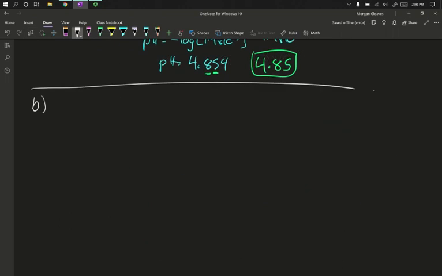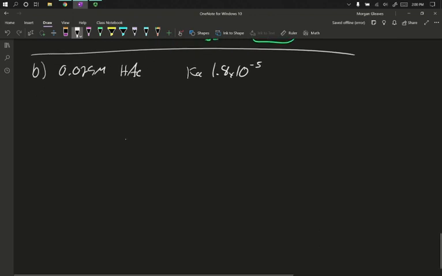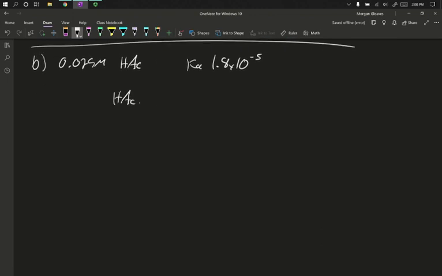Well, let's do our second solution here. 0.025 molar HAC, and it has a Ka of 1.8 times 10 to the minus 5. Same idea. We're going to lose some starting material and make some products. So our HAC is in equilibrium with H plus and AC minus.